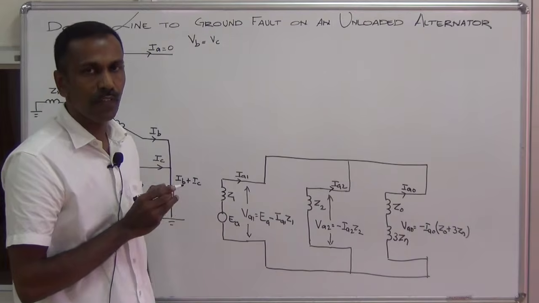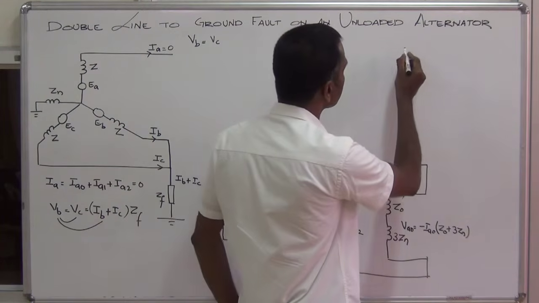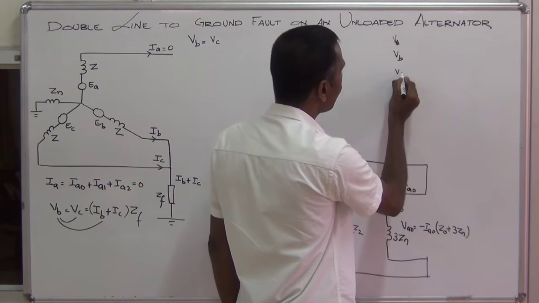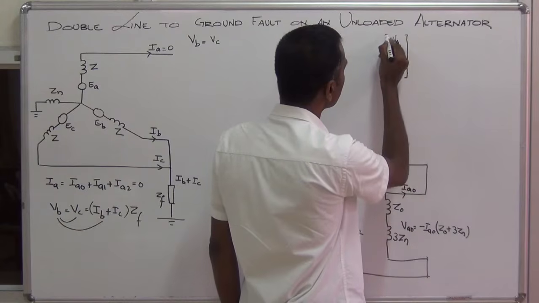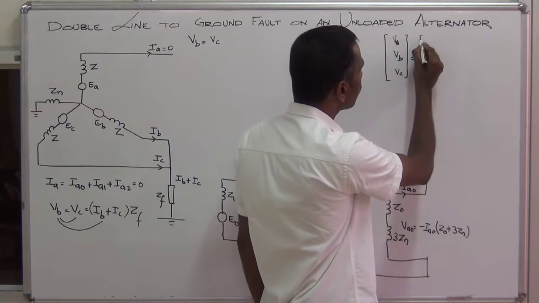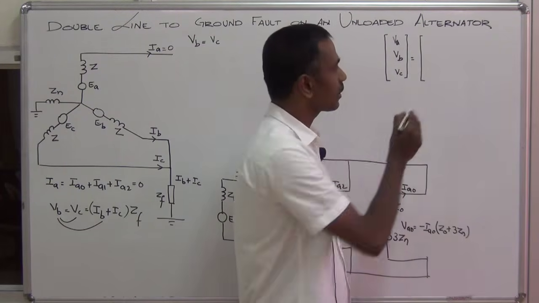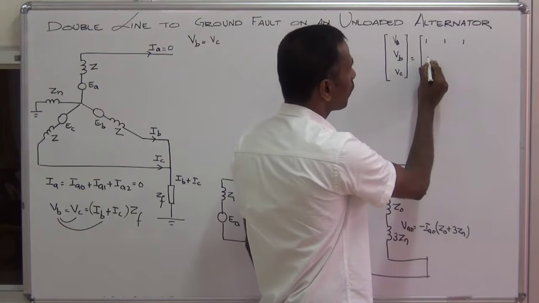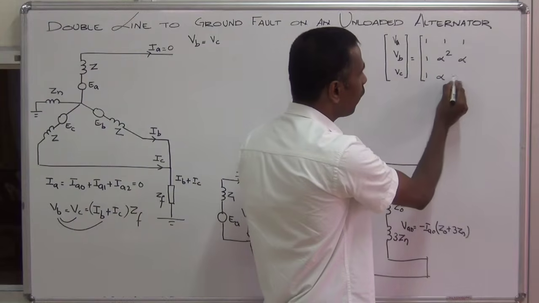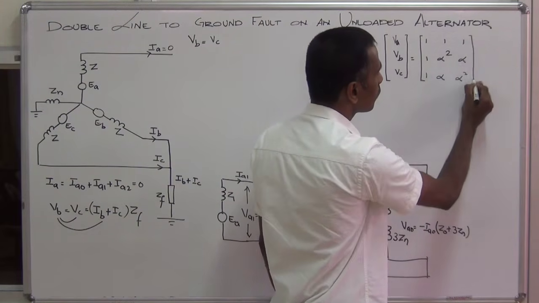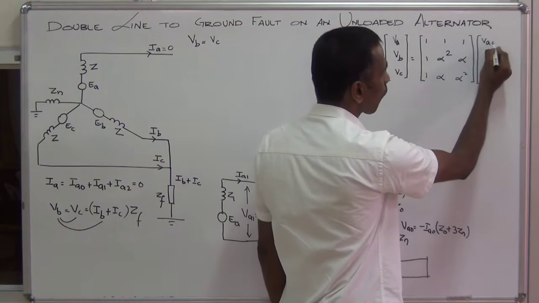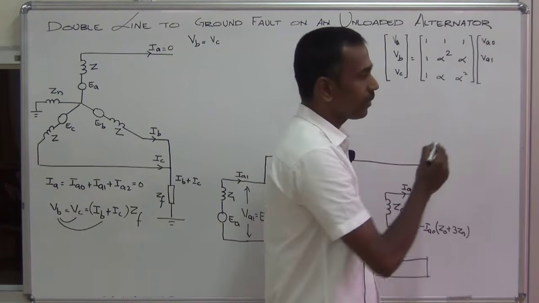Let us find out the phase voltages in terms of sequence voltages. VA, VB, VC is equal to the transformation matrix, 1, 1, 1, 1, alpha square, alpha, 1, alpha, alpha square, into VA0, VA1, VA2.